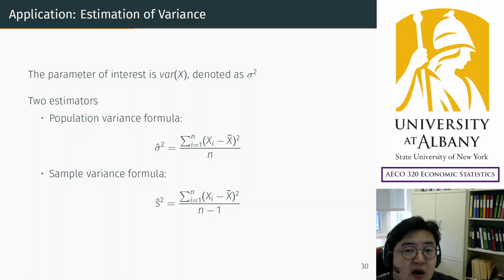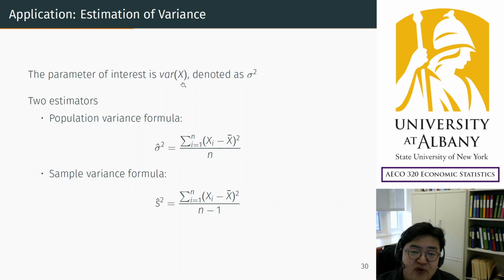Then now, another example is estimation of the variance, right? By the way, back in chapter 4, we learned two formulas for sample variance. One was the population variance formula, and the other was the sample variance formula. It can be confusing.